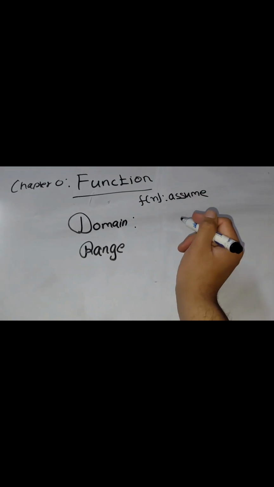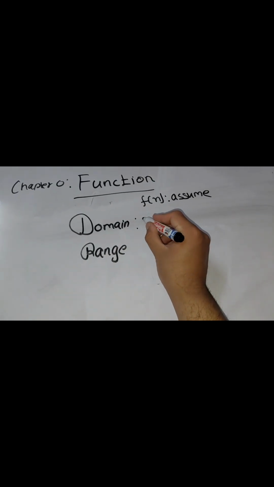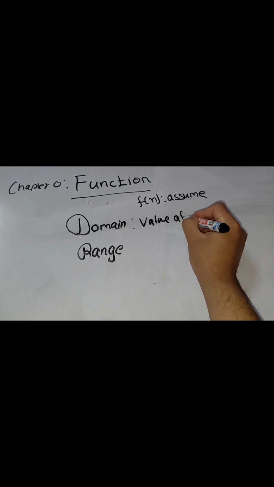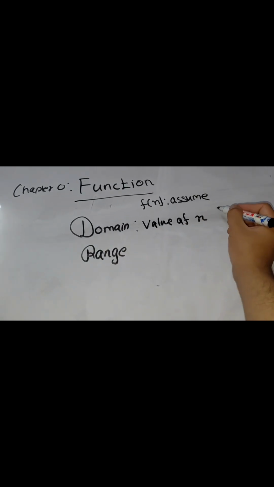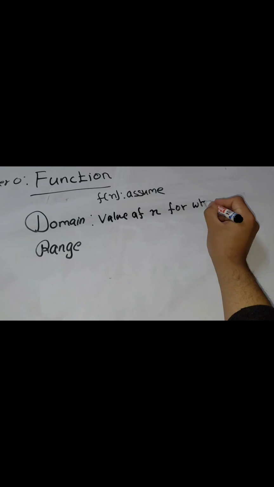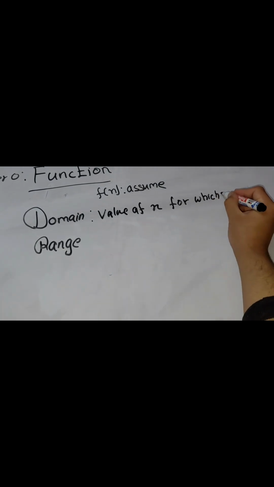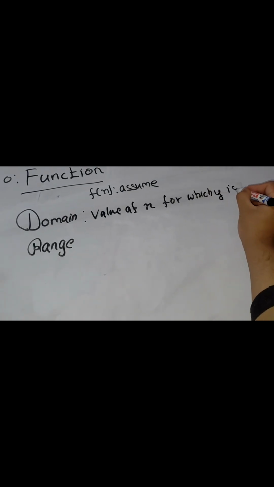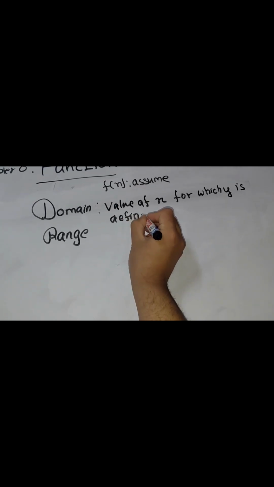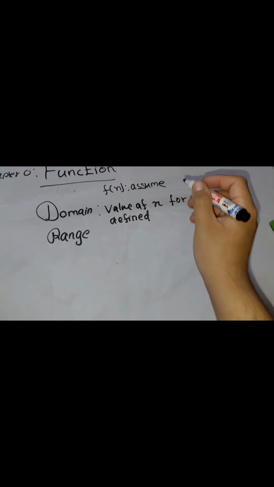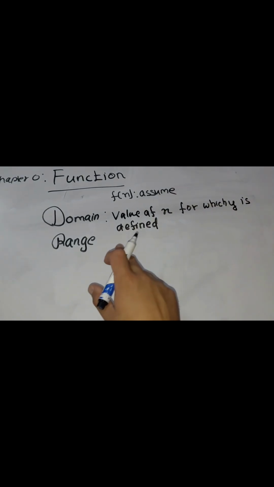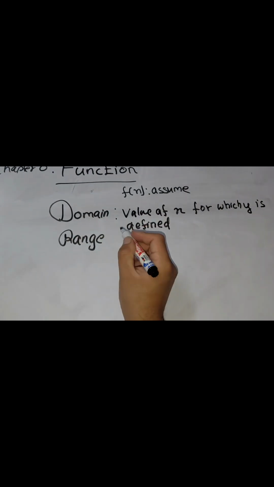So अब डोमेनलाई चाहिँ म कसरी डिस्क्राइब गर्ने भन्दाखेरि value of x for which y is defined. डोमेन भनेको के हो, जति पनि x को भ्यालु छ जसको लागि y चाहिँ डिफाइन छ, that is domain.